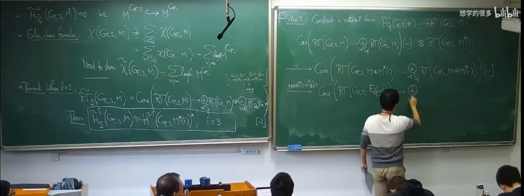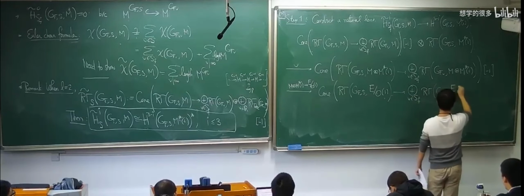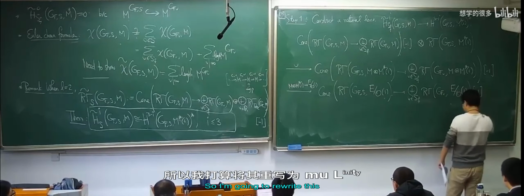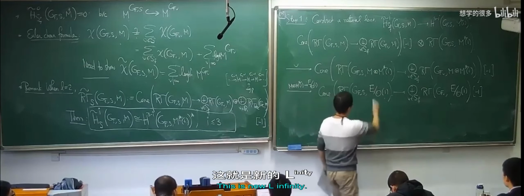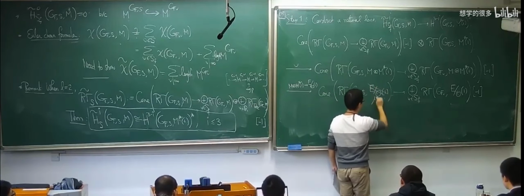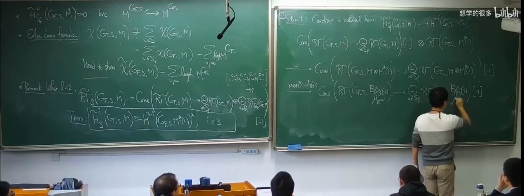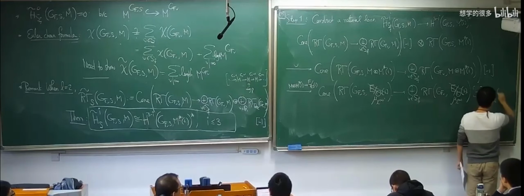If you're copying, just stop a little bit because I want to save some space. And we know what E1 is, so I'm going to rewrite this as mu L infinity. This is mu L infinity. And then outside I tensor with O.